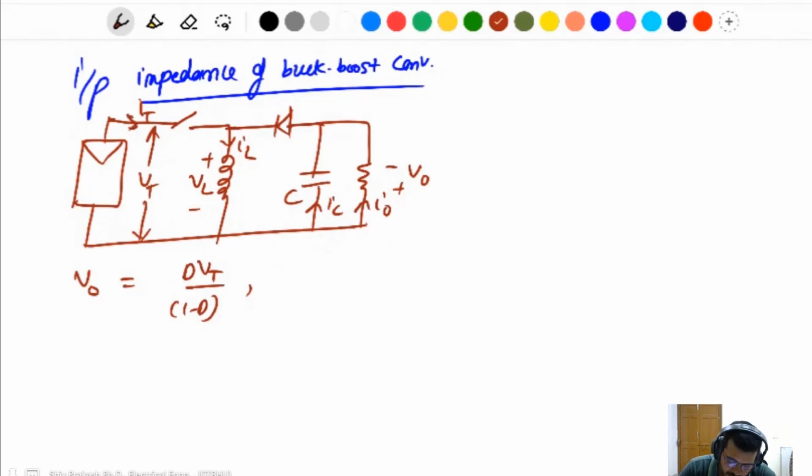IL, if we take an average of IL, the IL is equal to, this one will be the current I naught, because the average IC, the average current of the capacitor, is 0. On average, IL is equal to It plus I naught.